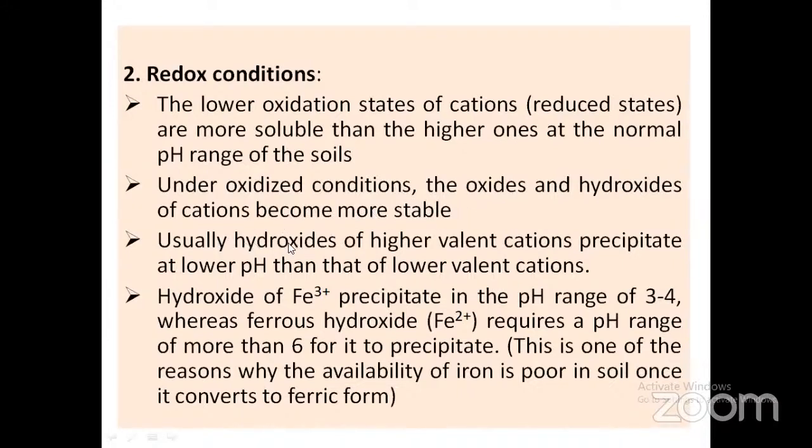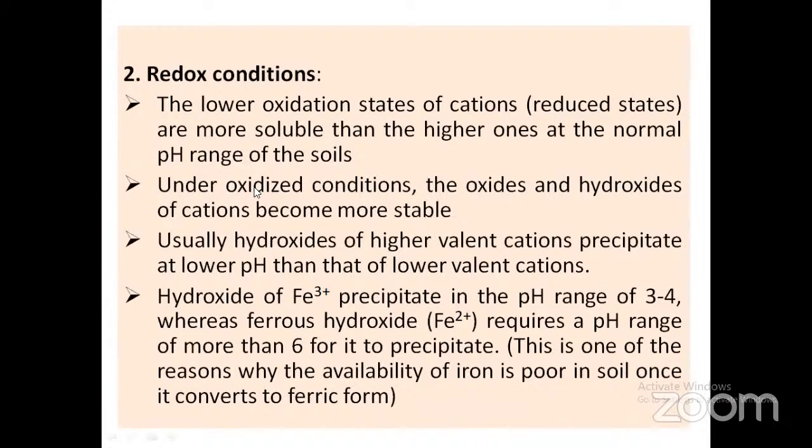And usually, hydroxides of the higher valent cations precipitate at lower pH than that of the lower valent cations. So जो भी पहली बात तो ये हो गई कि reduced condition में ज्यादा soluble होंगे cations. क्यों? क्योंकि जैसे ही oxidized condition आएगी, ये cations अपने oxides और hydroxides बना लेंगे, और hydroxides और oxides stable होते हैं, इसलिए soluble नहीं होंगे.